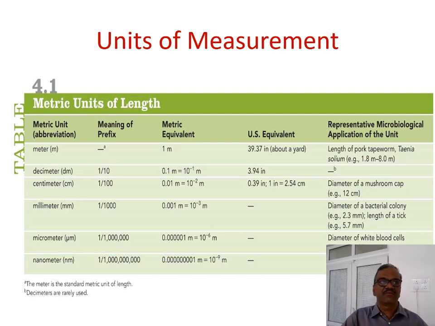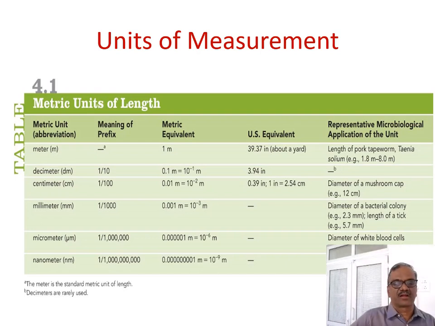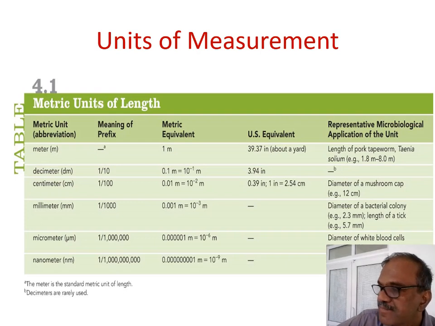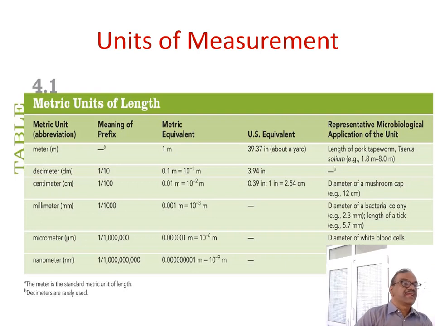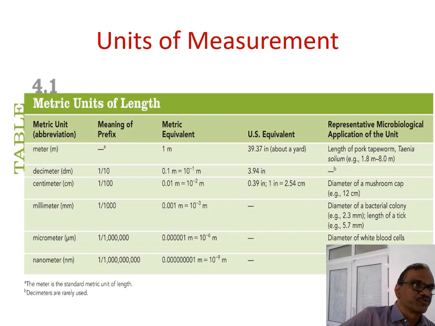Immediately after the meter, we go to the centimeter, which is 1/100th of a meter. Then 1/1000th of a meter is the millimeter. Then 1 in 1 million is the micrometer. The micron is the unit used.